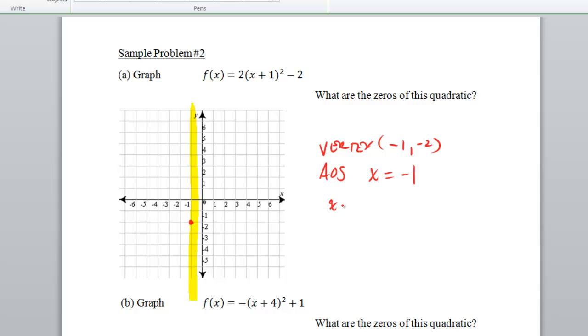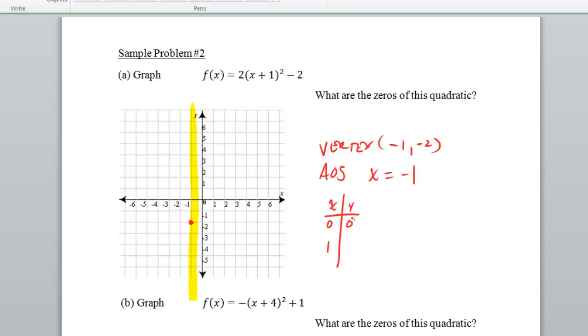The next thing I'm going to do is actually plot a couple points, and so the easiest x values, it looks to me, would be 0 and 1. And this is where you can use your calculator effectively. If I plug in 0 for x, you can punch all that in your calculator and you'll get actually a value of 0 in this case.